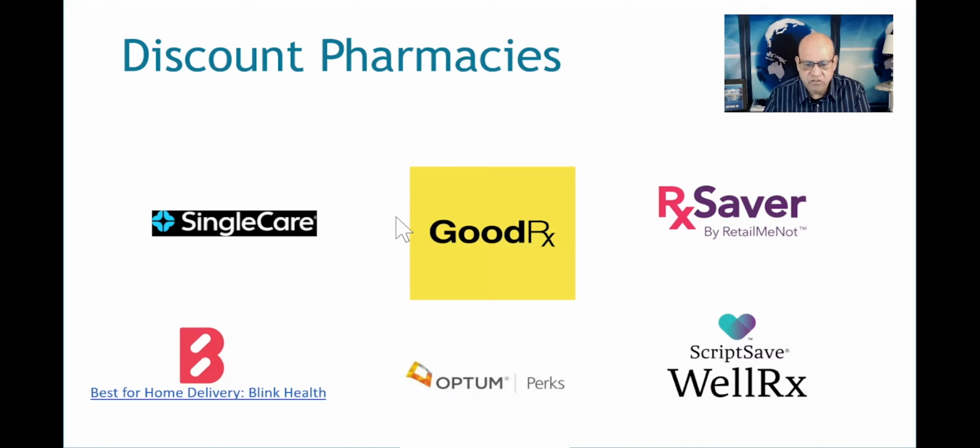The best place is to go to GoodRx and put in the name of your drug and see what the different prices are from Kroger, from CVS, from Walmart, Walgreens, and various local pharmacies. Wherever you get the best price, that's where you should be shopping. So keep these things in mind, because sometimes the drug costs can be phenomenal and you may get substantial discounts, especially if they are of a generic nature, through these discount outlets.